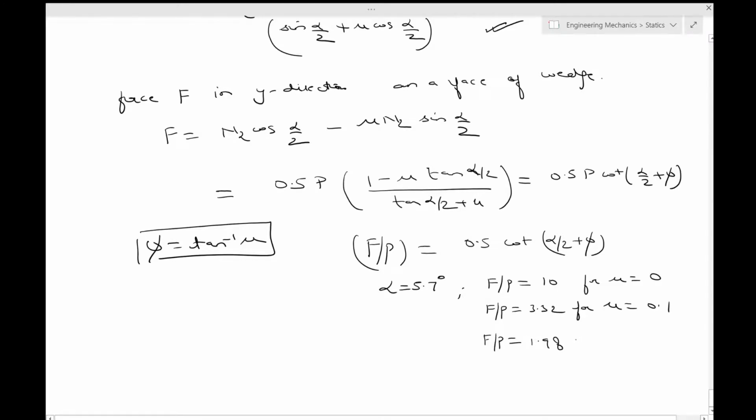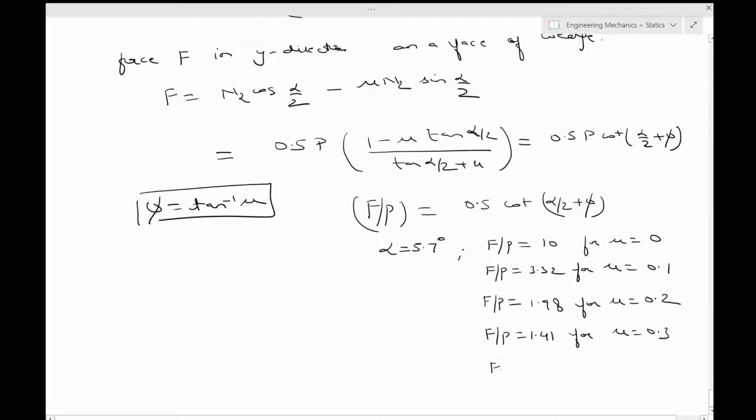I mean, you can use a calculator and do this. Okay, for mu equal to 0.2, F by P would be equal to 1.41. For mu is equal to 0.3, F by P would be equal to 1.09.